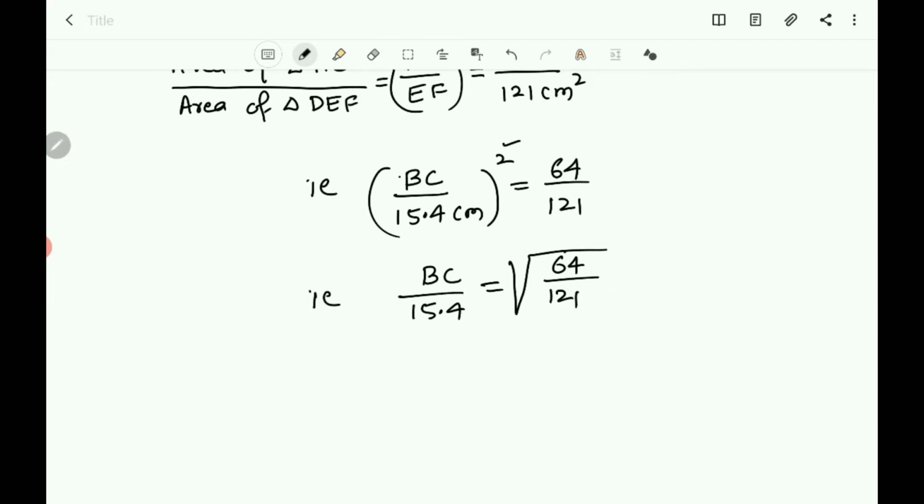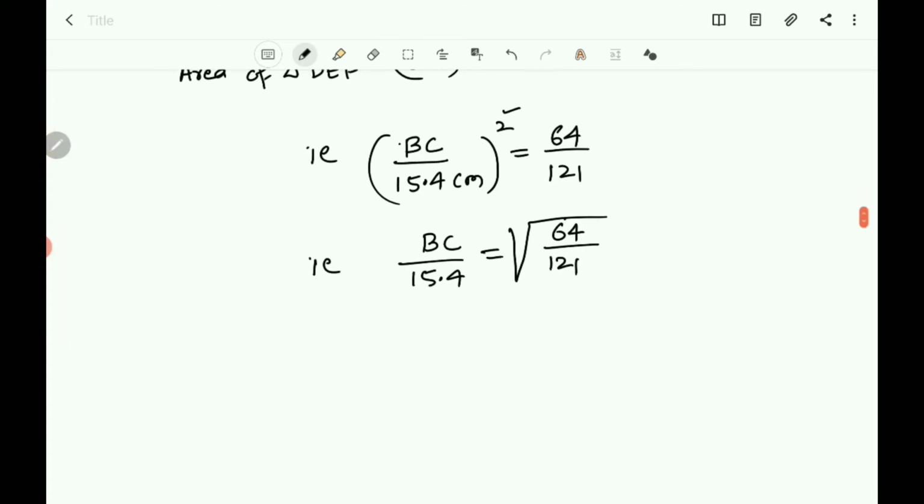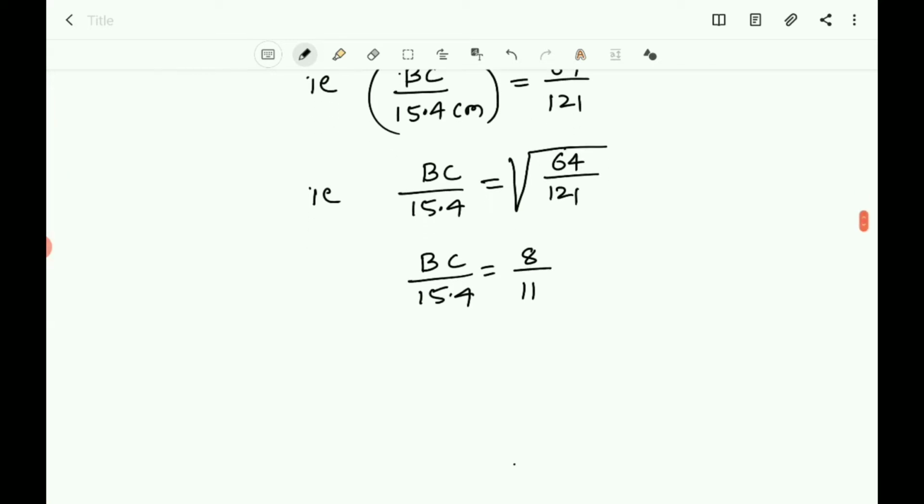Therefore BC by 15.4 is equal to root of 64 by 121, that is root 64 is 8 and root 121 is 11, because 64 and 121 are square numbers. The square root of 64 is 8, the square root of 121 is 11. Therefore the root of 64 by 121 is 8 by 11.